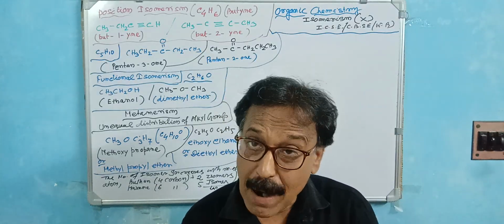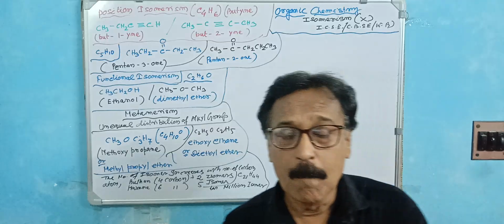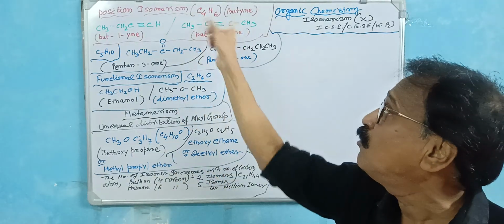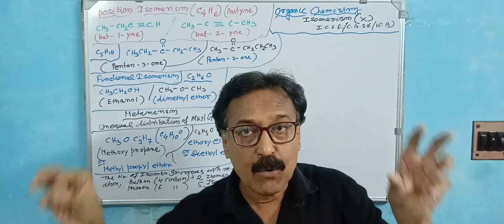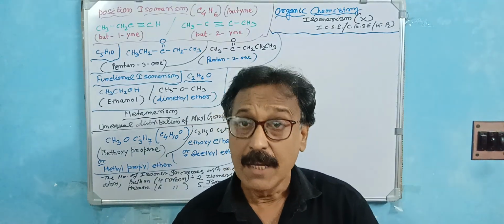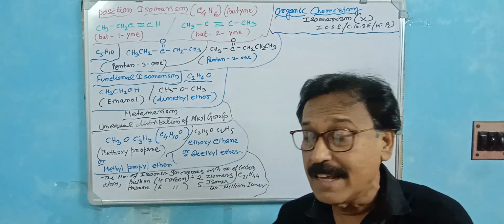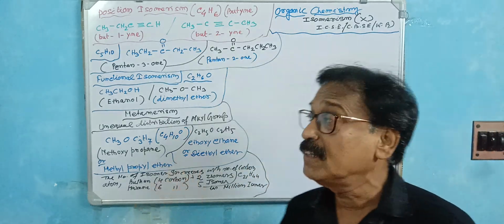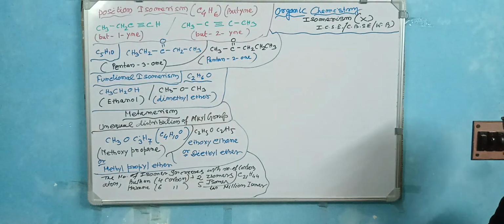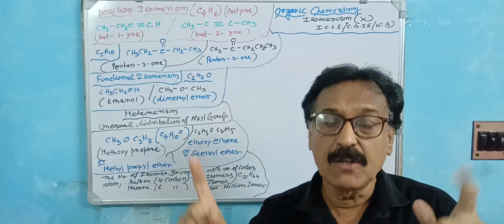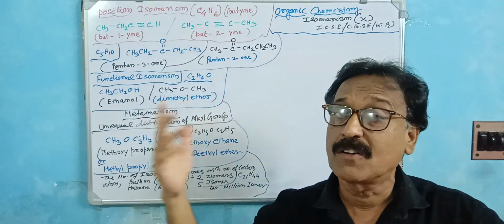But in organic chemistry, suppose the molecular formula is C4H6, it's not identified what is the exact compound if you don't know the structure. So a different structure is there, and due to the different structure a different compound is formed, and that we call the isomer. Isomer means the same molecular formula but different structure, and a different compound is formed.